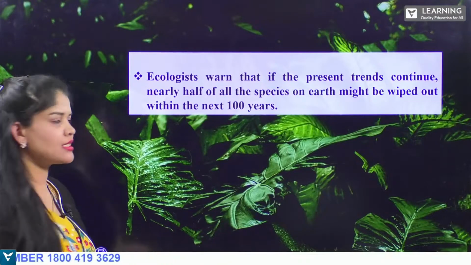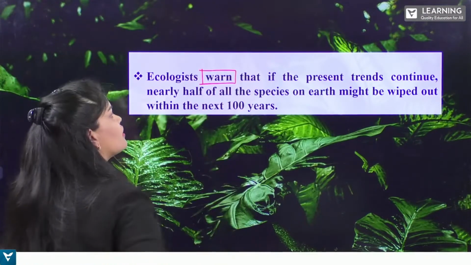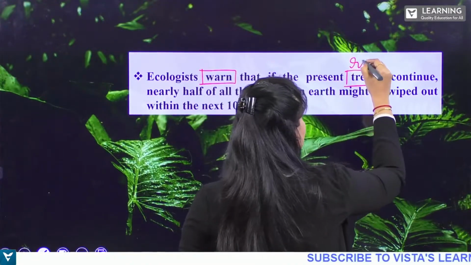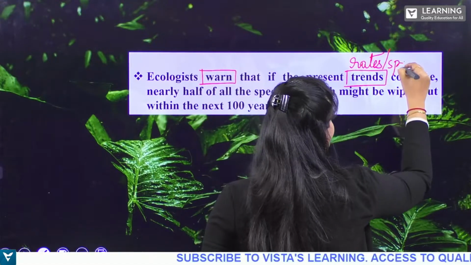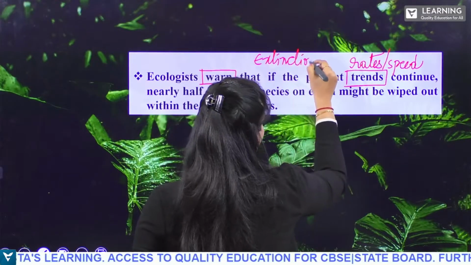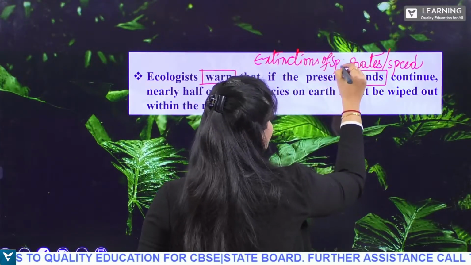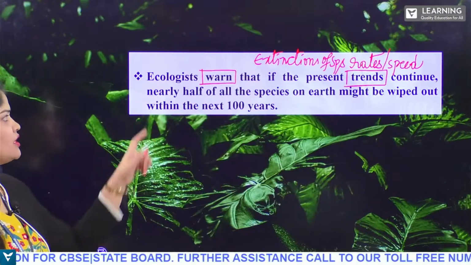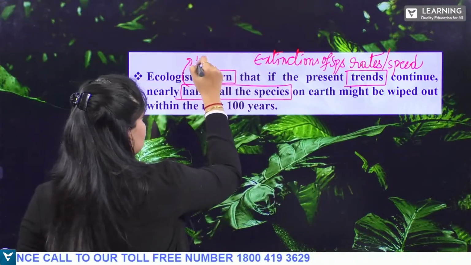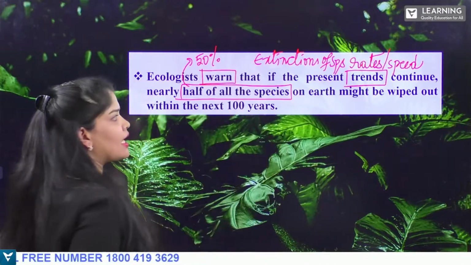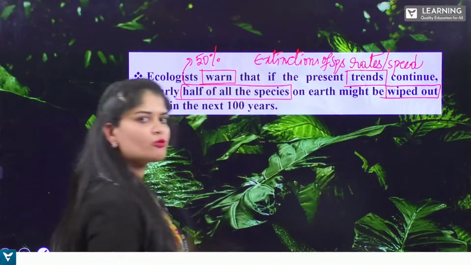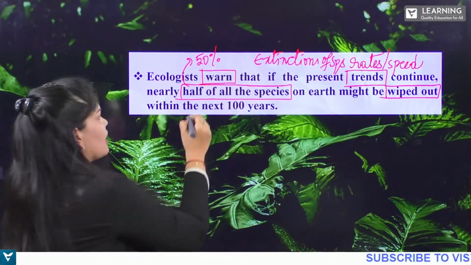So here, ecologists warn that if the present trends, the rates and speed at which the extinction of species is happening, continue, nearly half of all the species, 50% of all the species present on the earth, might be wiped out within the next 100 years.